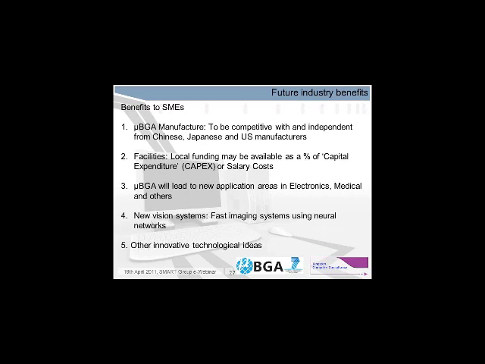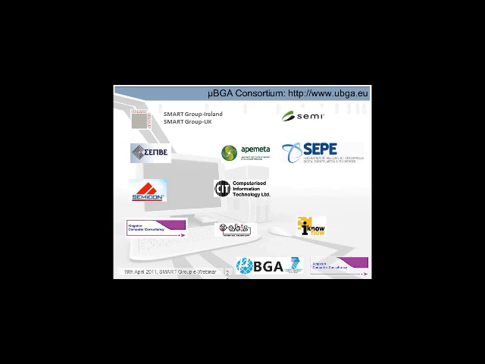Here's a quick overview of some of the members of the consortium. As you can see, Smart Group Ireland and Smart Group UK, who are our hosts for this webinar, are one of the SME organisations. SEMI, the semiconductor manufacturing industry organisation in France and now through Europe, is one of the SME AGs.